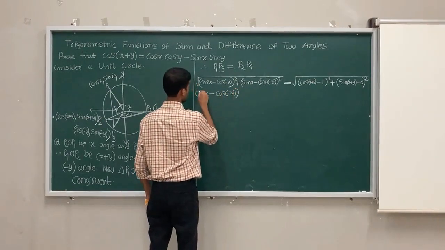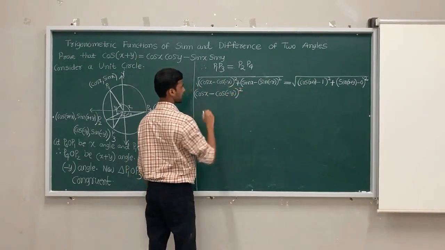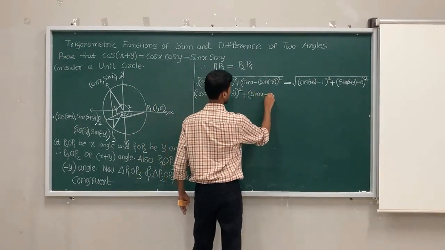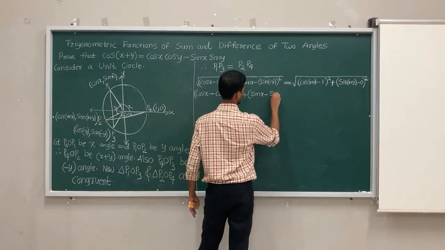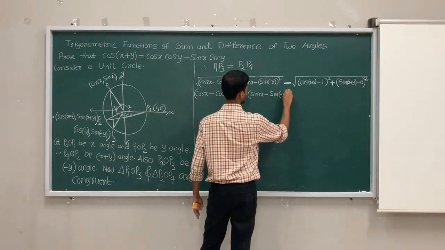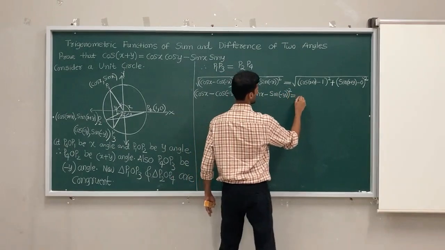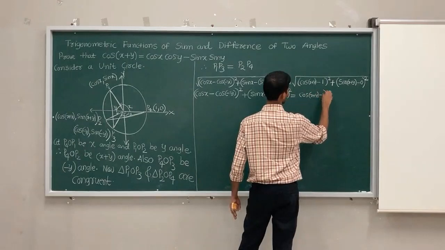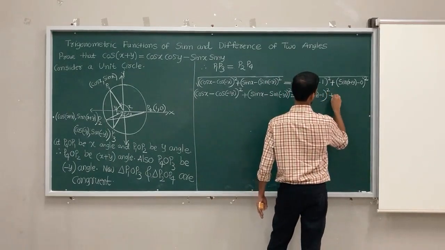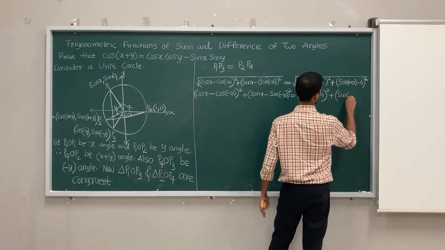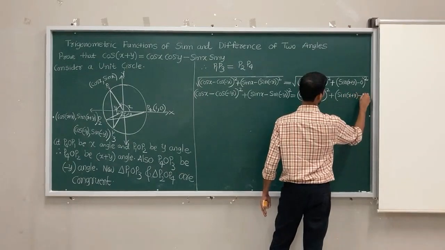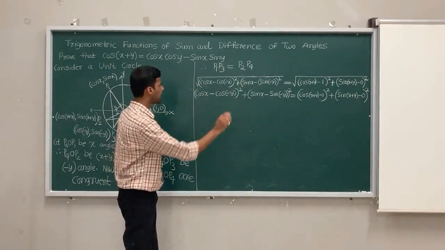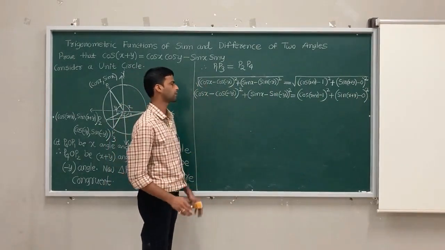It is nothing but cos x minus cos of minus y the whole square plus sin x minus sin of minus y the whole square, which is equal to cos of x plus y minus 1 the whole square plus sin of x plus y minus 0 the whole square, because I have cancelled the square root on both sides. To make my work simple, let me use some mechanism.